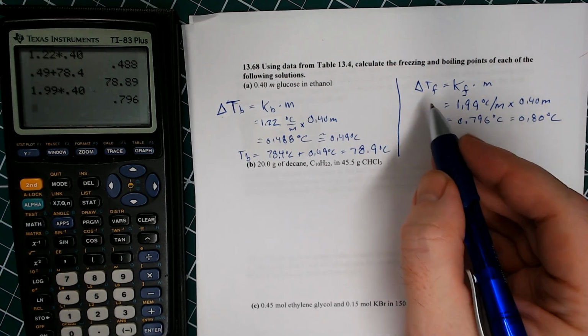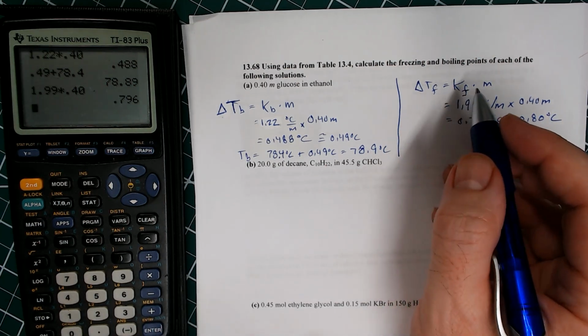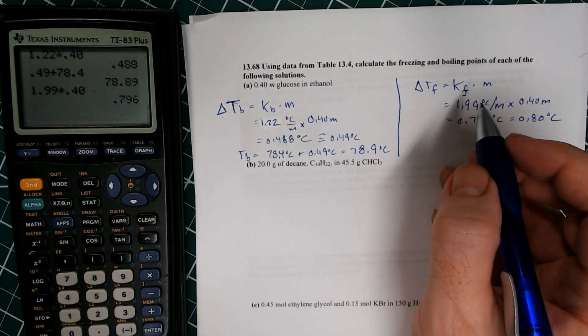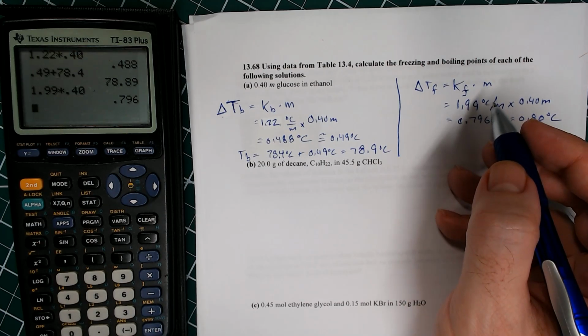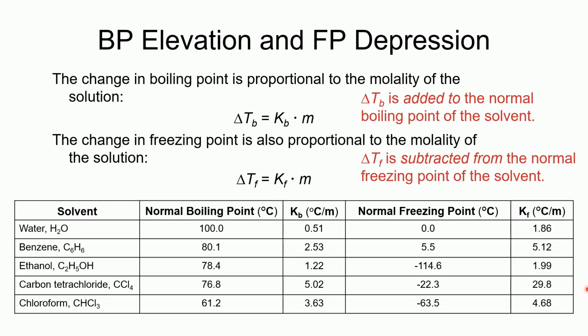All right. With delta TF, we want to subtract that from the normal freezing point of ethanol. The normal freezing point of ethanol, again, we'll go back to this table, is negative 114.6.